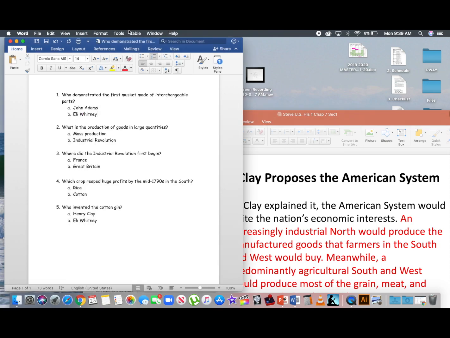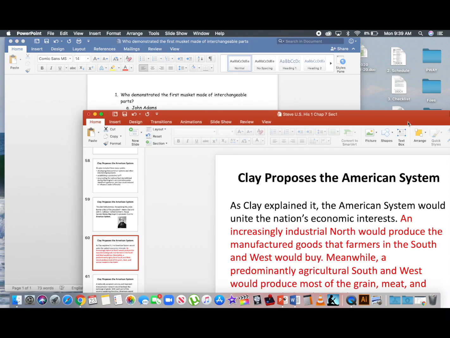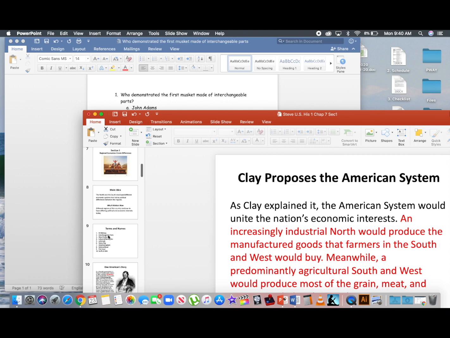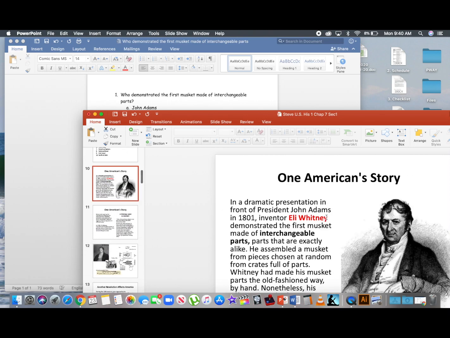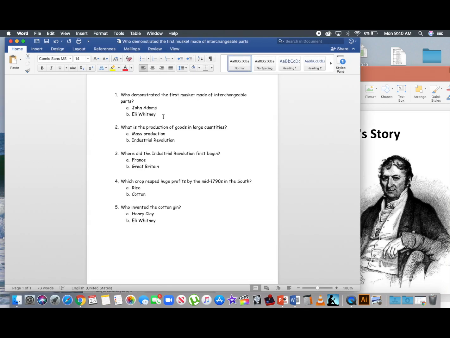So let's review some of the questions that I'm going to ask you at the end here. Number one, who demonstrated the first musket made of interchangeable parts? Let's see, interchangeable parts. That would be Eli Whitney. Number one is Eli Whitney.